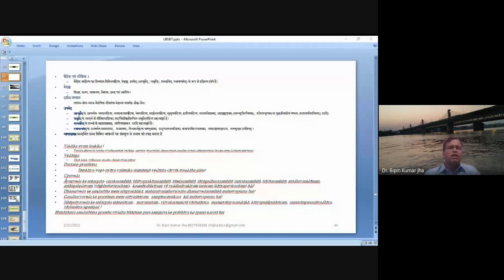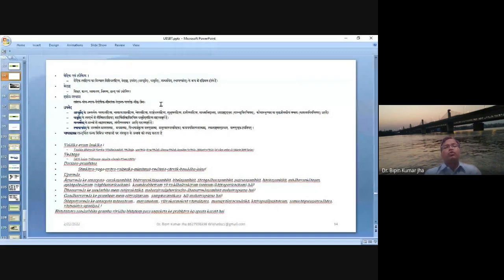Vedanga means the text, the discipline which is helpful to understand the actual meaning of those Vedic texts, because Vedic texts have been written in such a form which is not easily understandable, because we have limited knowledge.